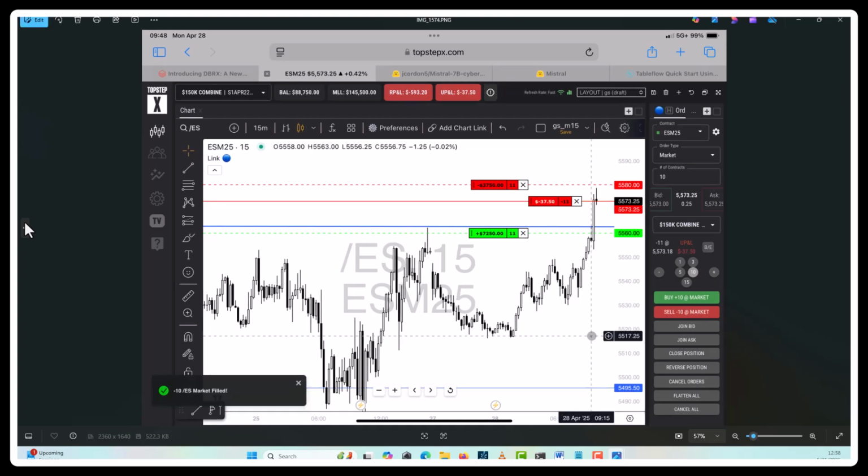You see that? As soon as it swung, and we saw it raid the sell side of the 9:30, then we knew that the market was extending its hand to us right there. It invited us, saying, hey, let's come. Let's go in.